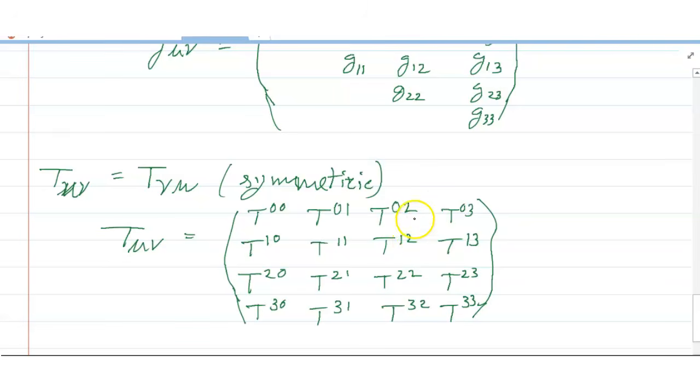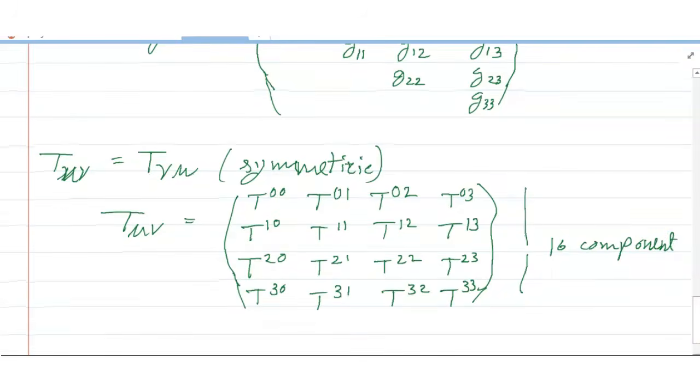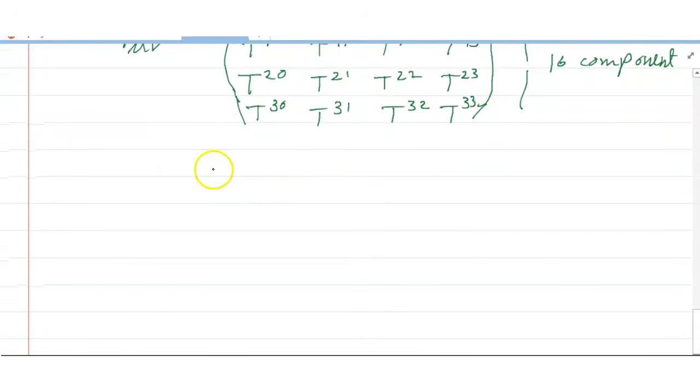So we see that this is also a 16 component tensor, and it is reduced into 10 components as it is a symmetric matrix.